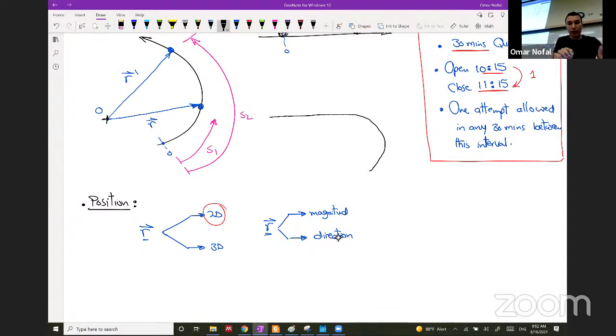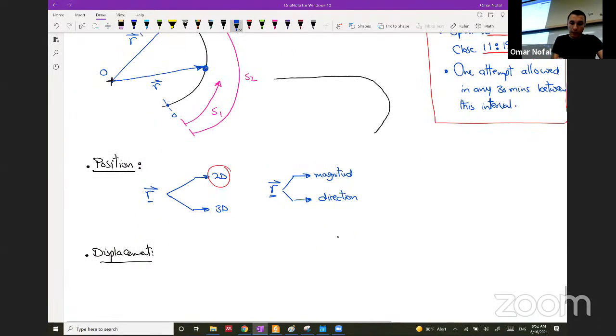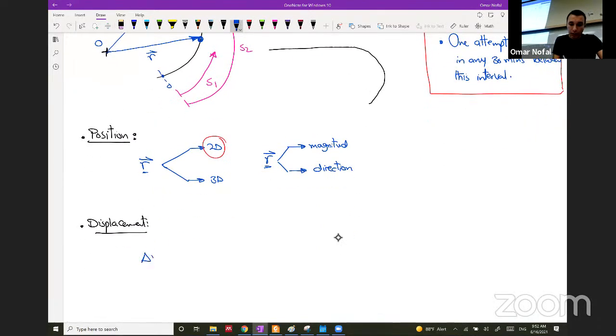Let's see how we can use R vector and R dash vector to get the displacement of the particle. The displacement, we name it delta R, and it's still a vector quantity.